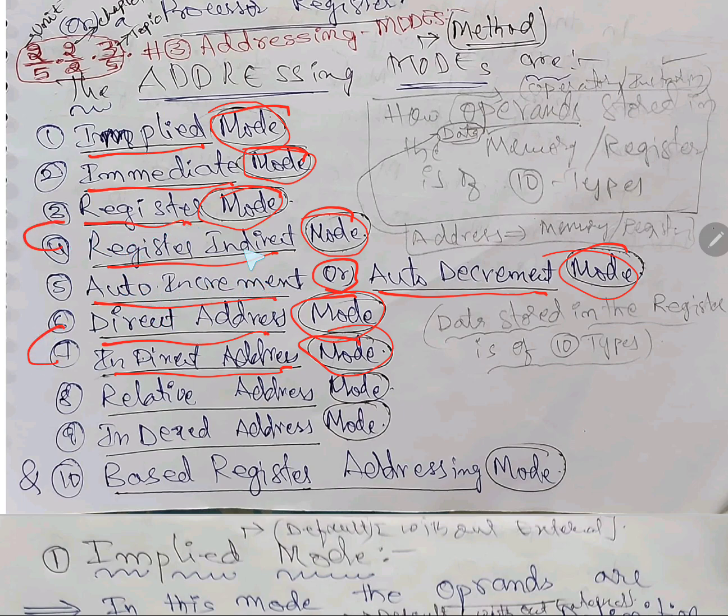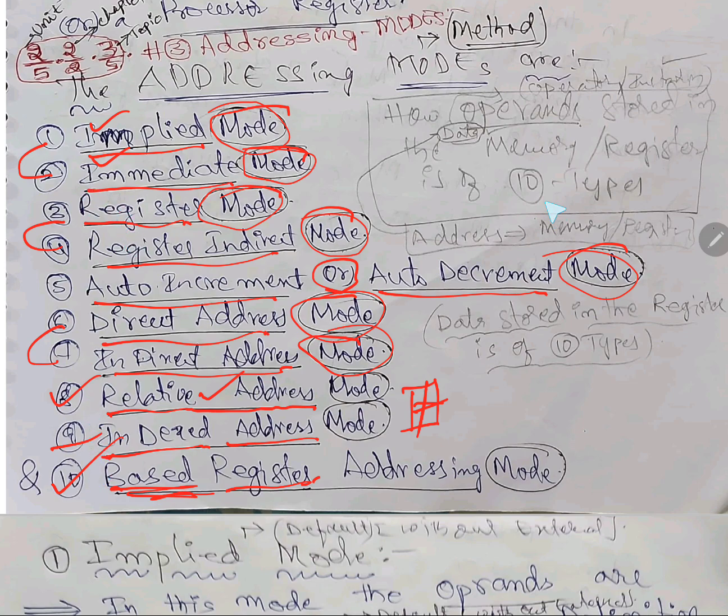Register mode, register indirect mode. Implied mode first, implied or immediate mode. And relative address mode, there will be some relation. And in indexed address mode, I told you, there will be some index. And the last one is base register mode. So very simple, memorize these 10.